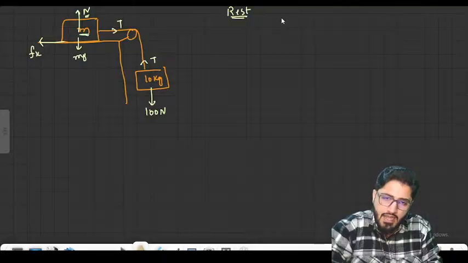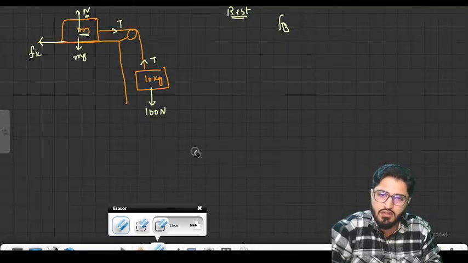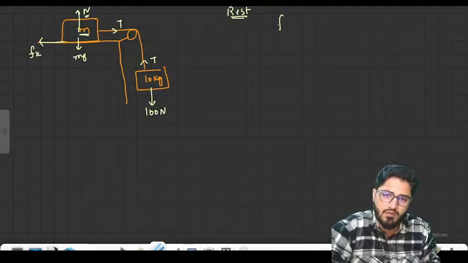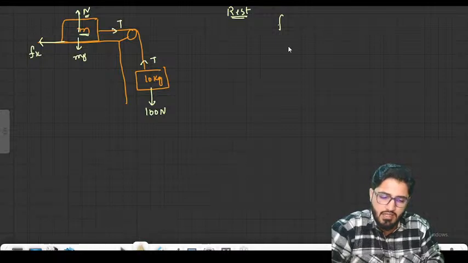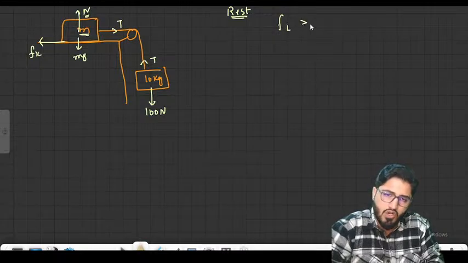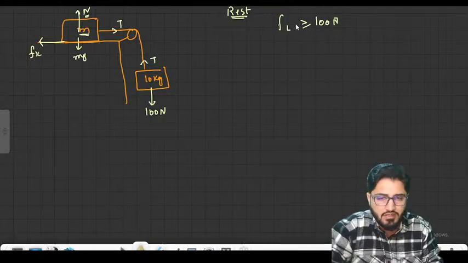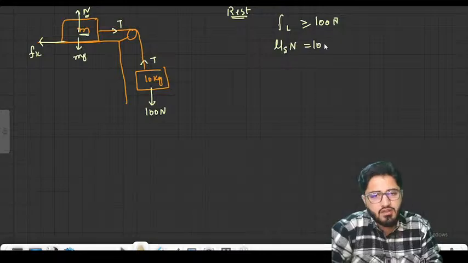If my limiting friction is more than or equal to 100 Newton, this body will remain at rest. Limiting friction is μs times N, equal to 100 Newton.